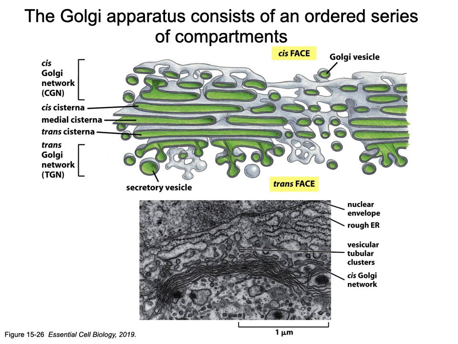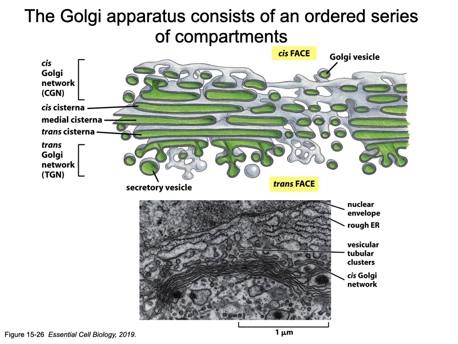The other theory is that it's all vesicles moving, budding off between these different stacks, so that the material moving from cis to medial to trans would be doing that through vesicles along the edges.